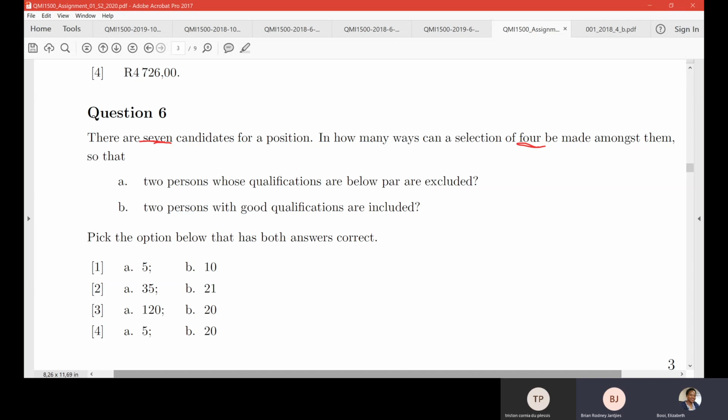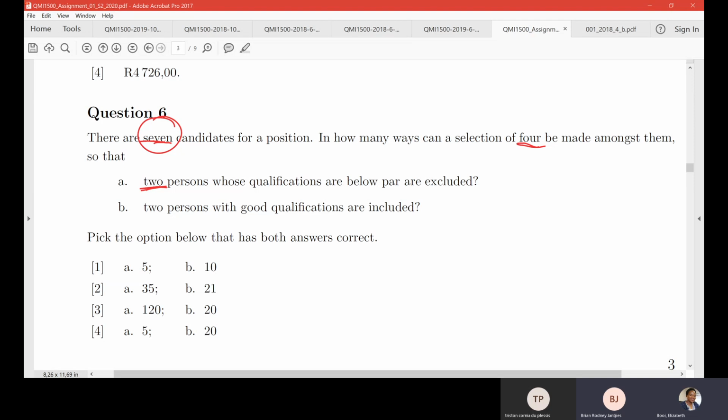So that's where things don't make sense. They're saying there are 4 candidates. How many ways of selecting those 4 people? But they say at least 2, so 2 persons with qualifications are included. The first one, 2 people without qualifications are excluded, so they get automatically disqualified from being part of the selection.